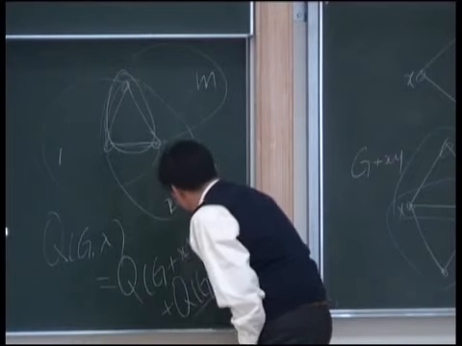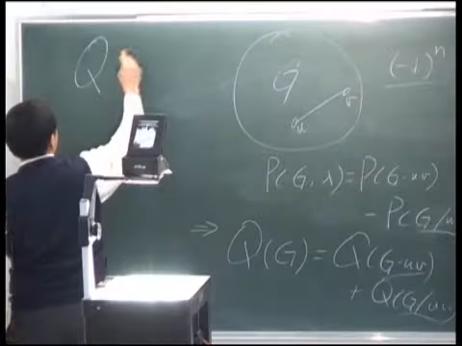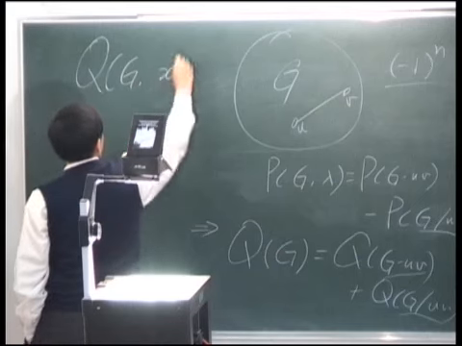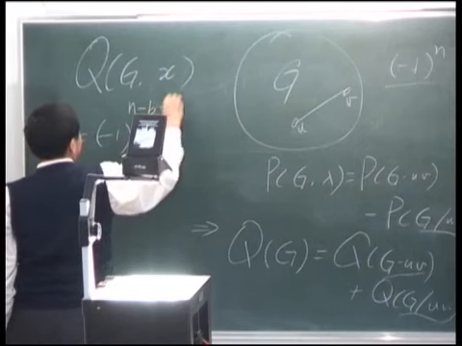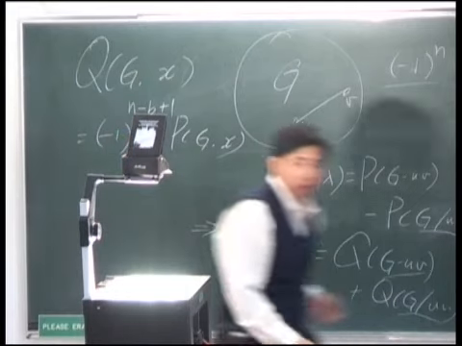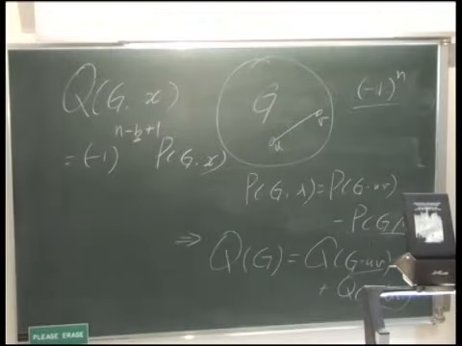But here we must be careful, G contract XY is not 2-connected, and there is an extension of the definition for graphs that are not 2-connected, where b is the number of blocks. It's also positive. So if both belong to this family, we can prove this is positive and this is positive, and the sum is positive. That's the idea to prove this result.